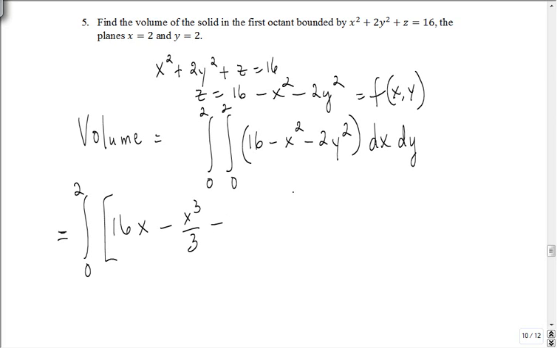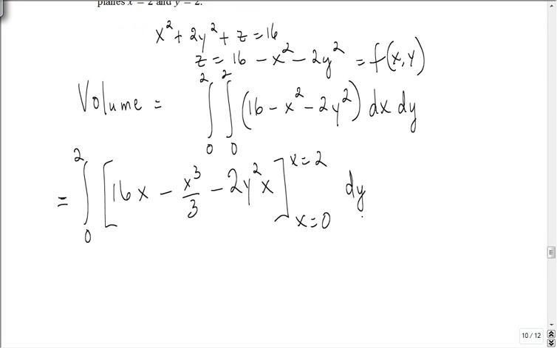The next one, 2y squared x, and x goes from 0 to x equals 2, dy. Okay, let's substitute. Put 2, that's 32, minus 8 over 3, minus 4y squared. Put 0, you get 0, dy.